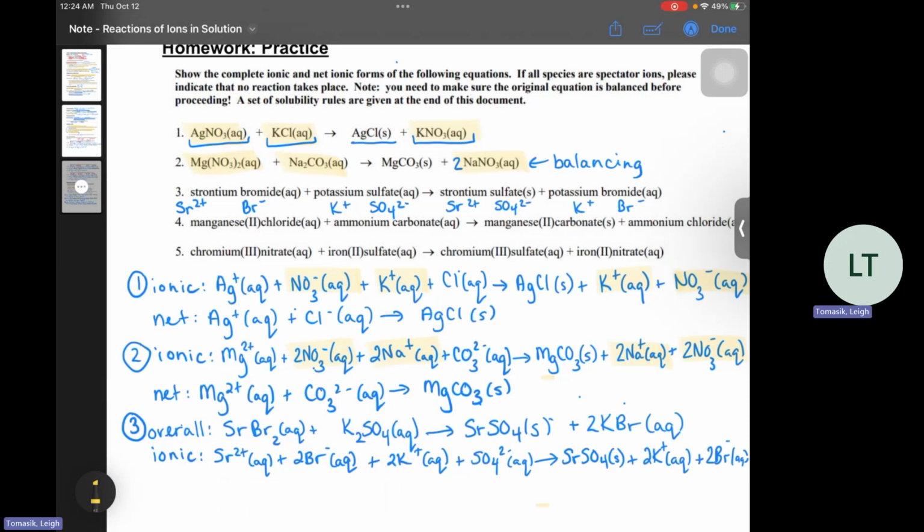Strontium becomes part of the precipitate, bromine does not, and potassium does not. So our net ionic equation is going to be Sr2+ aqueous plus SO4 2- aqueous makes SrSO4 solid.